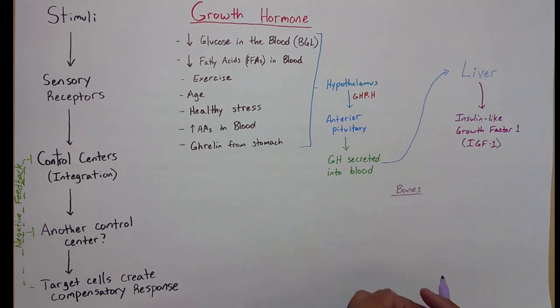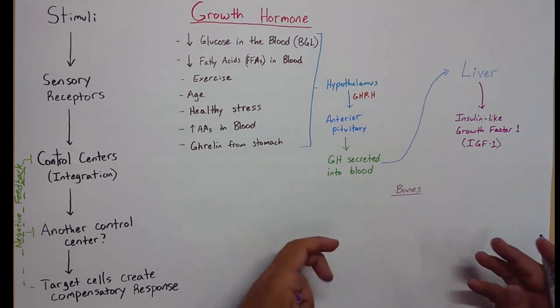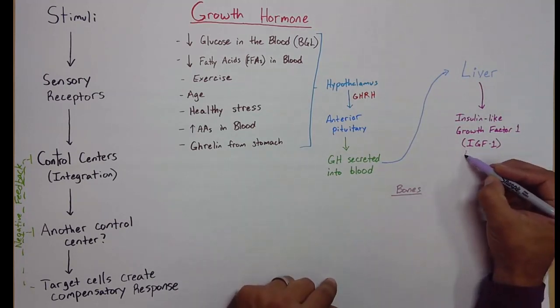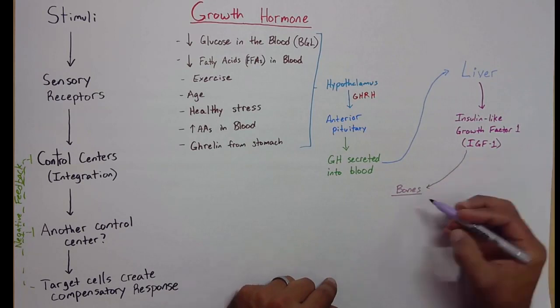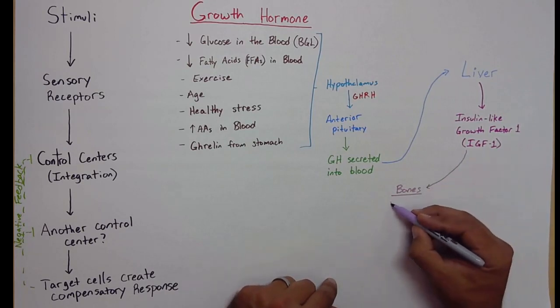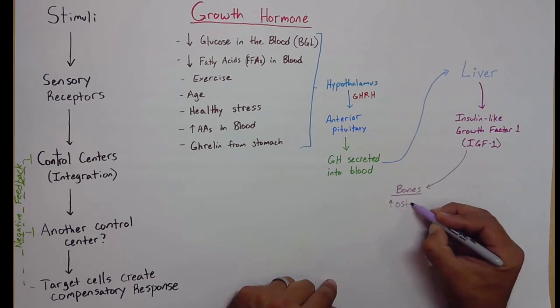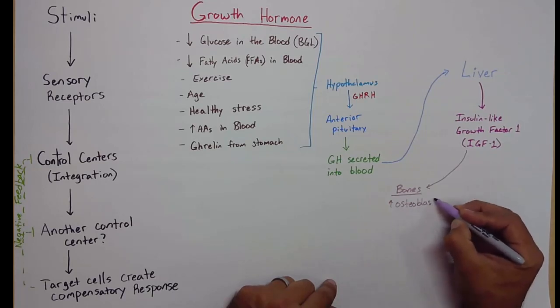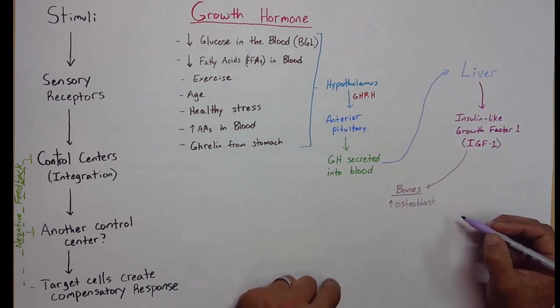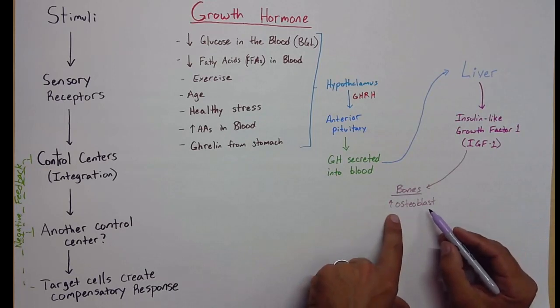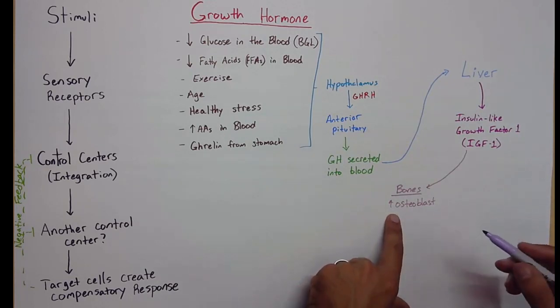That tells you now that osteoblasts are going to be building bone. So IGF-1 comes down to the bones, and IGF-1 is going to be promoting osteoblast function. So osteoblasts get activated, and that helps us build new bone.